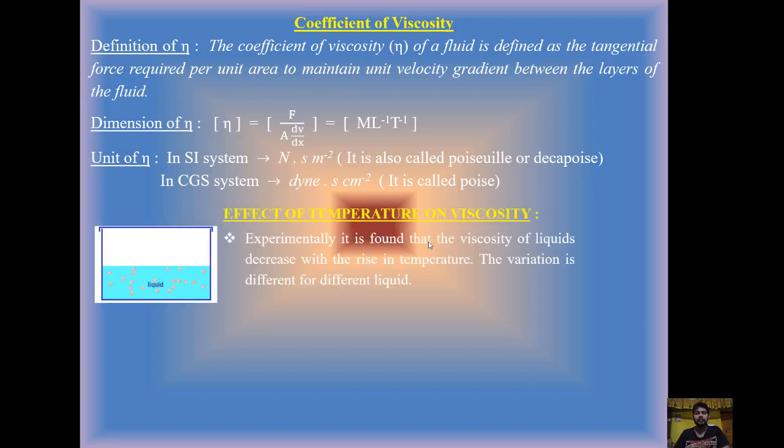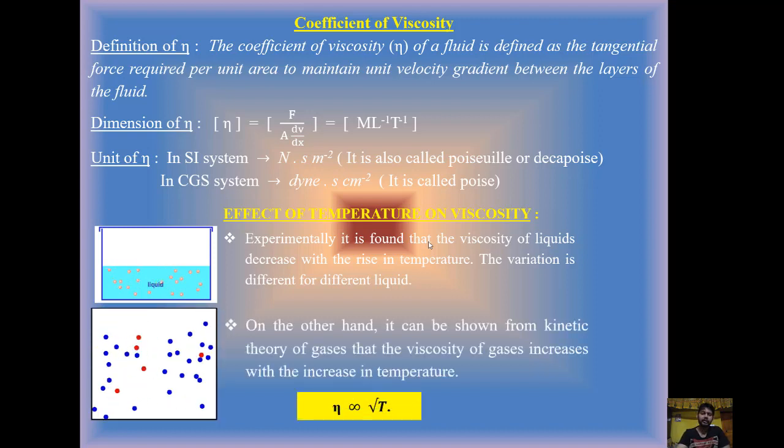So now, the effect of temperature on viscosity. What actually happens when we change the temperature of a liquid? What is the effect on its viscosity? Experimentally, it is found that the viscosity of liquids decreases with rising temperature, and the variation is quite different for different liquids.